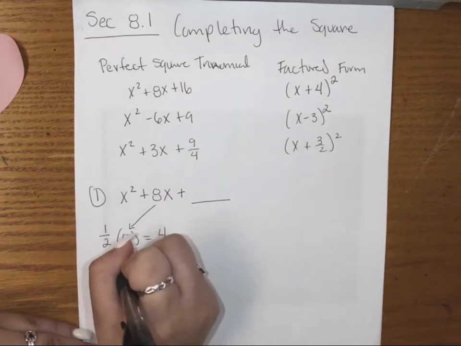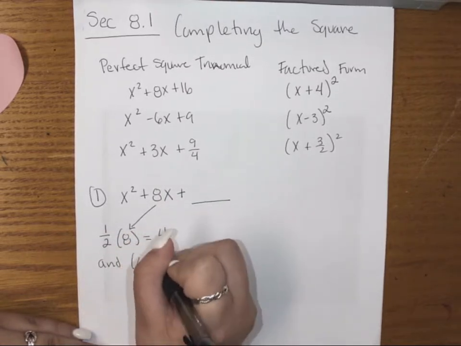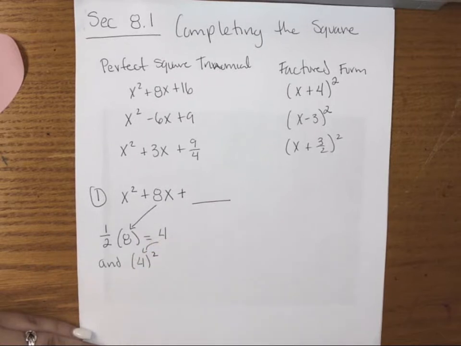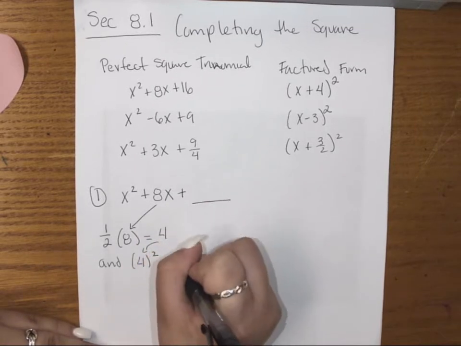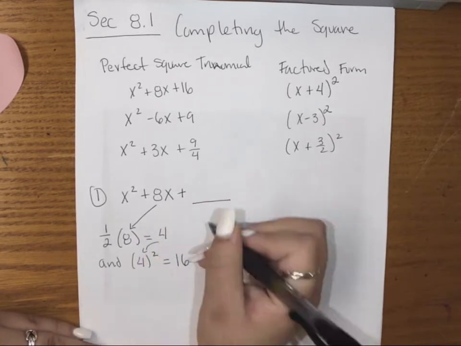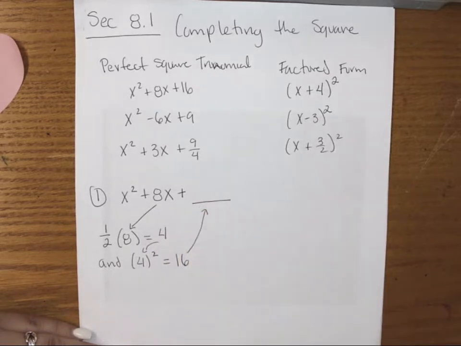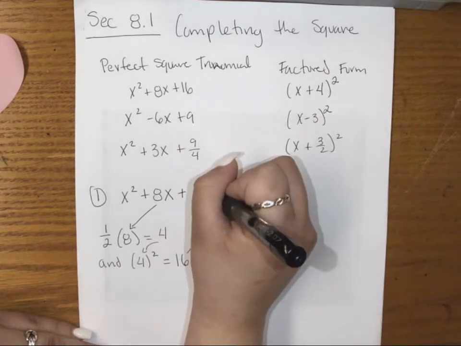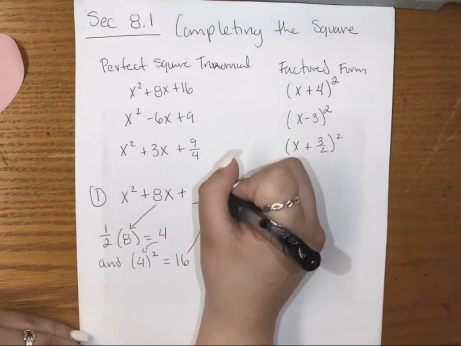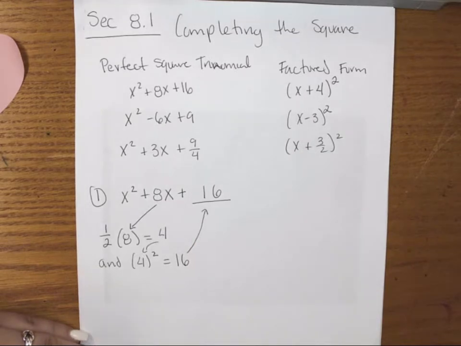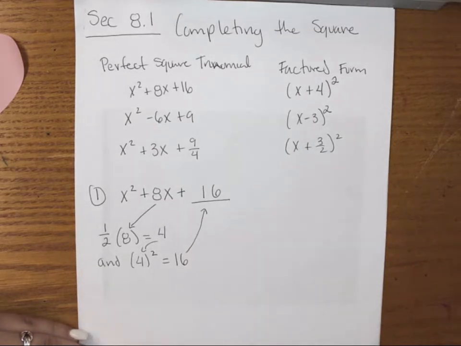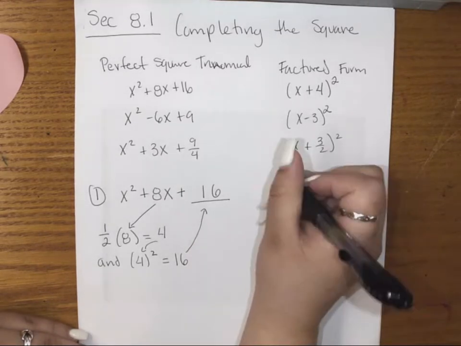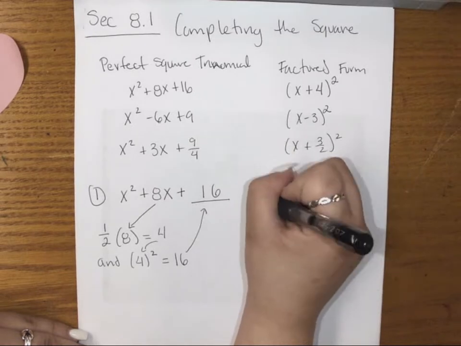Then you take 4 and square it. So 4 squared gives us 16. That means the number that we need to add here in order to make it a perfect square trinomial is 16. Remember, right now we're just practicing what to fill in to make it a perfect trinomial.